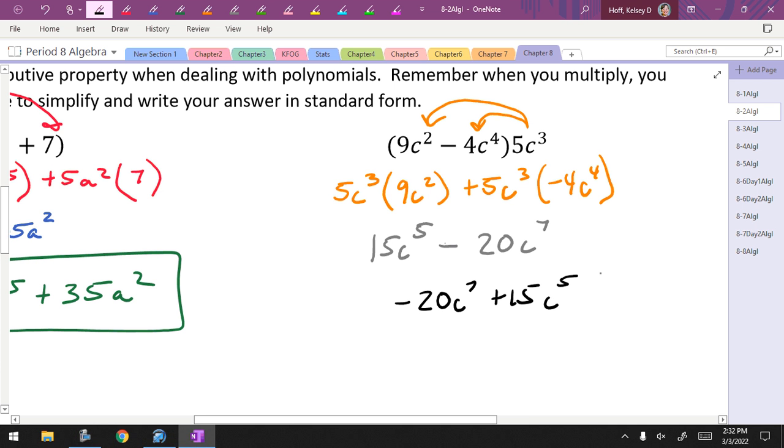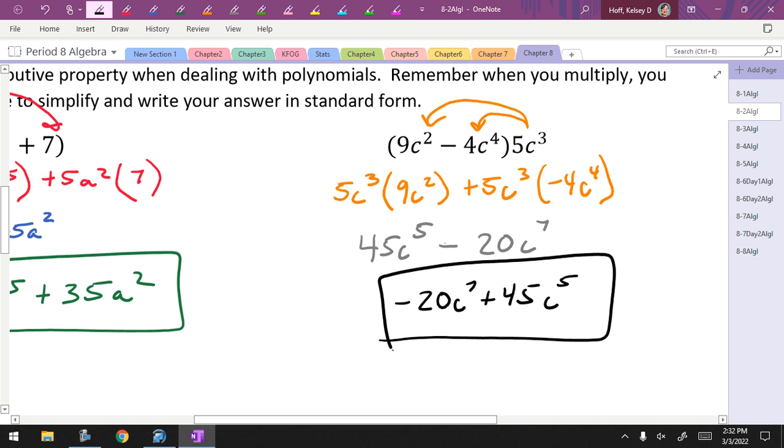Check me. I got negative 20c to the 7th plus 15c to the 5th. Just seeing if you guys are paying attention. Good job. I'm so glad you found my mistake. I have no idea where I got 15 from. Now do you agree with me? Okay.